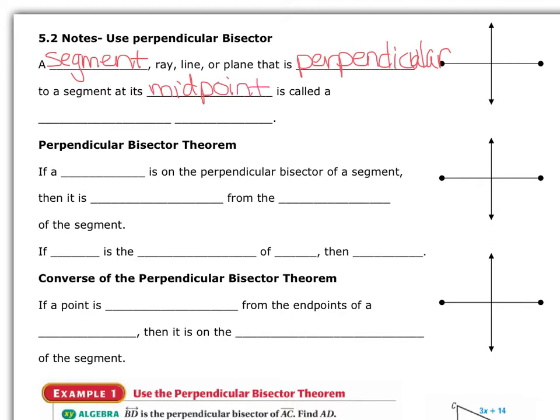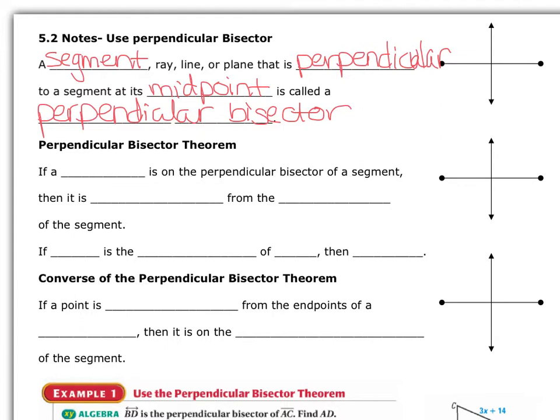So this is a segment, ray, or line that is perpendicular to a segment at its midpoint, and it is called the perpendicular bisector. So again, the name perpendicular bisector tells you exactly what the segment is doing. It's going to be perpendicular to a different line or segment, and exactly right where it's perpendicular to the segment, it's also going to be cutting it in half.